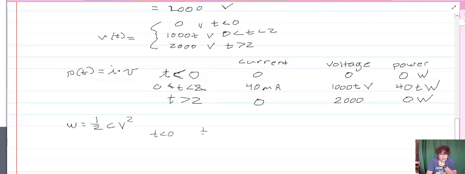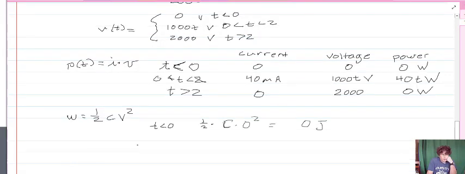For t between 0 and 2, we'll have 1/2 times our capacitance, and our capacitance was 40 times 10 to the negative 6, so 40 microfarads.